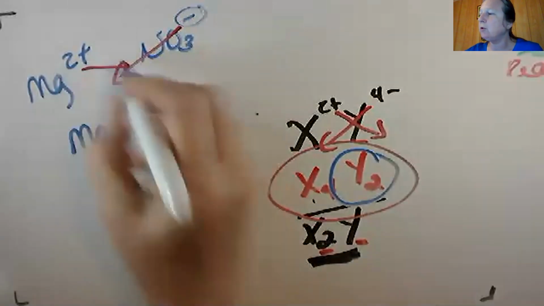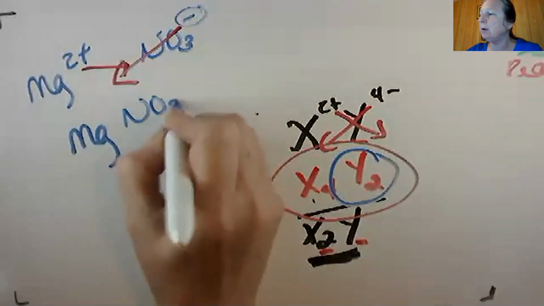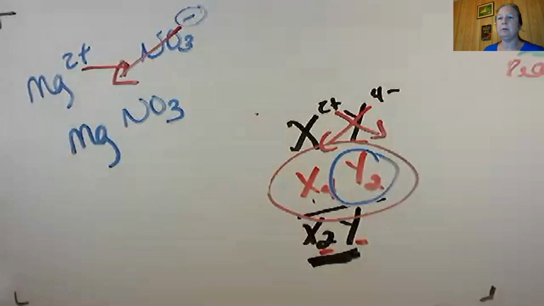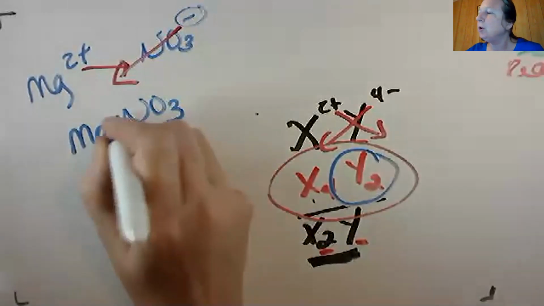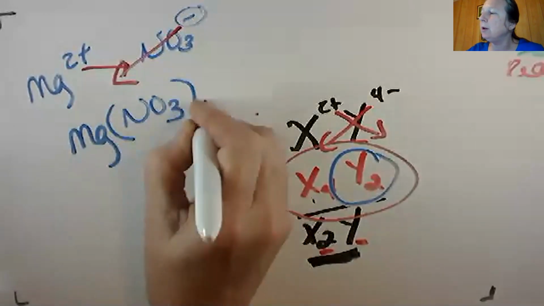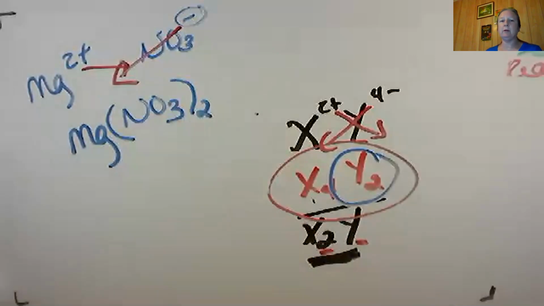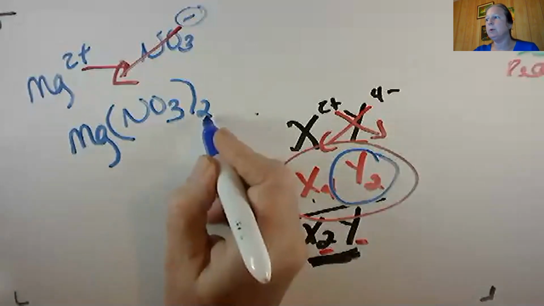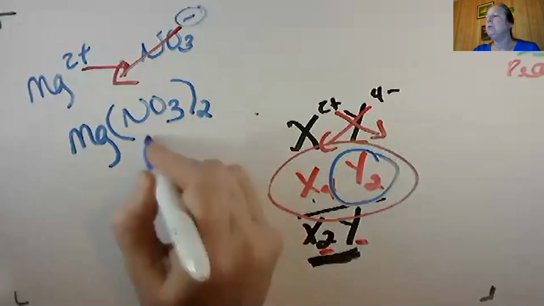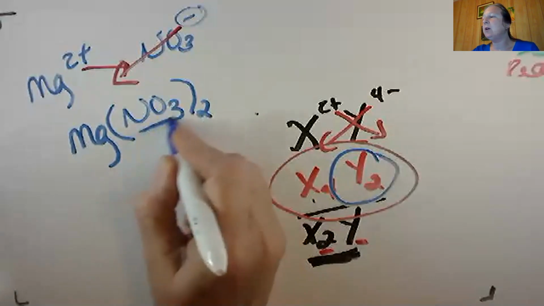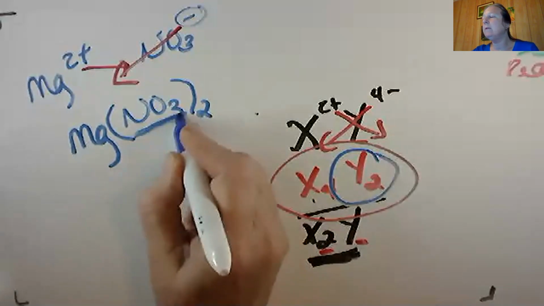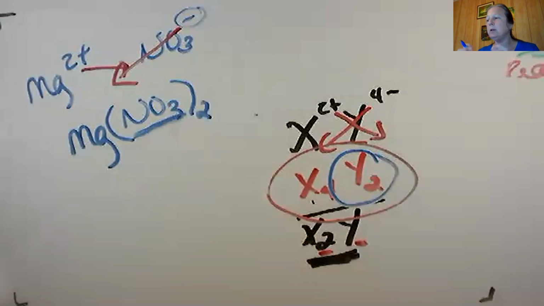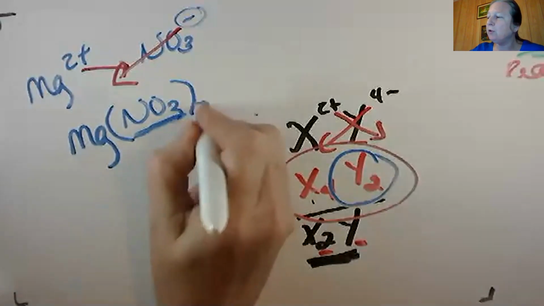But nitrate is going to have 2 of them. Where do you put the 2? You enclose your unit and put the 2 outside. You only do that if you have to actually put a subscript down there. Otherwise, you're like, well, where do I put the 2? So it's this entire polyatomic anion that you have 2 of.